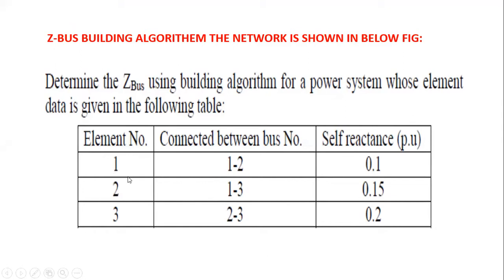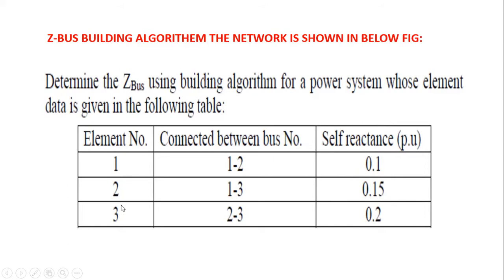This is the given table. By using this given table, we form the Z-bus building algorithm. In it we have the element numbers, the bus numbers between which they are connected, and the reactance values, which are given in per unit.